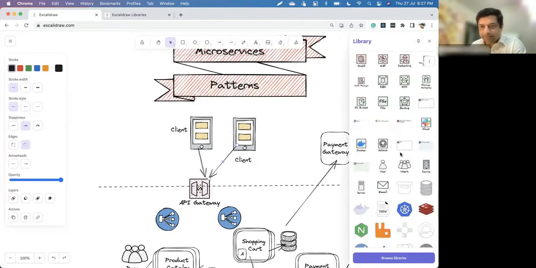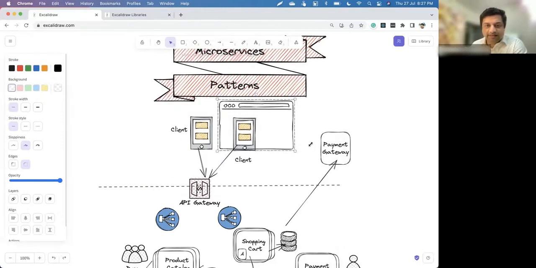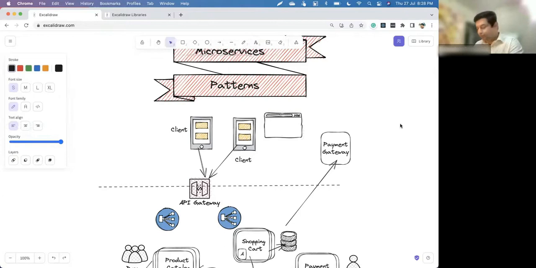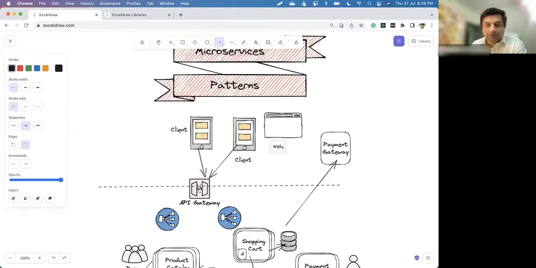Let's say this is another client, some web client. It is very challenging if you have to call different web services from the client directly, so we introduced the API gateway.